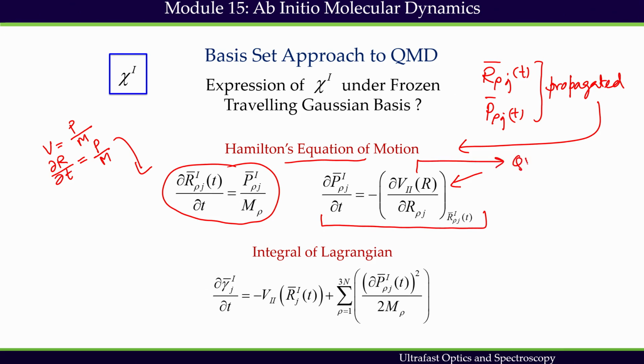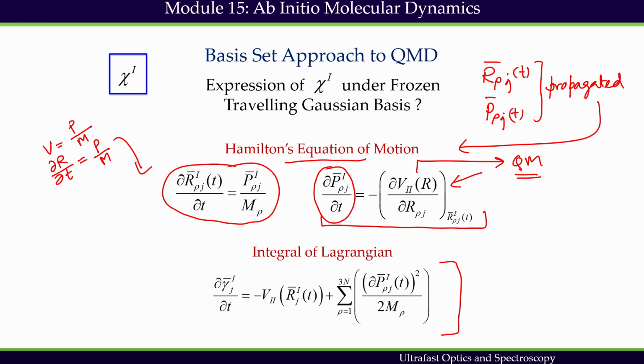So this is your quantum mechanical calculation from where we get the potential, we update the potential, and then take the first derivative with respect to the position, and the negative of that derivative gives me the momentum propagator. And the nuclear phase is propagated according to the integral of the Lagrangian. I will not show the derivation of this integral of the Lagrangian, but it also comes from the equation of motion.